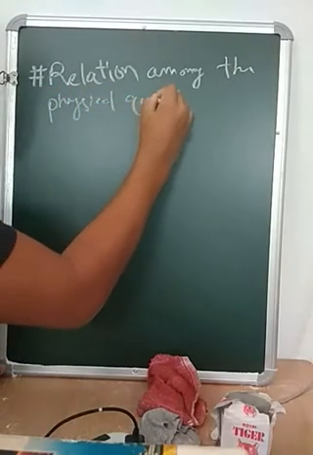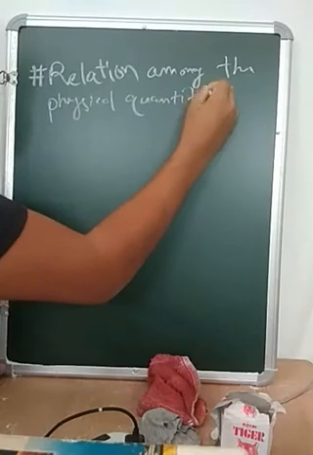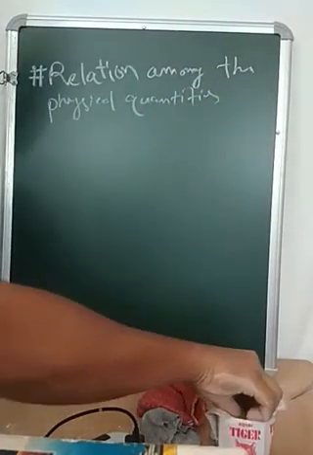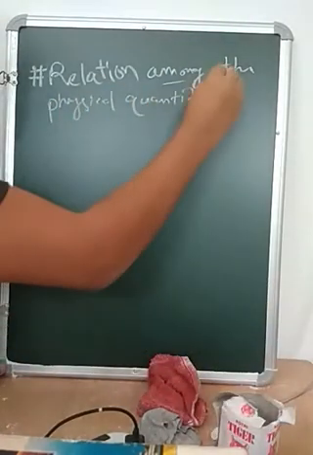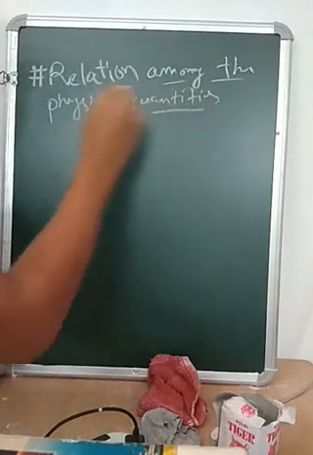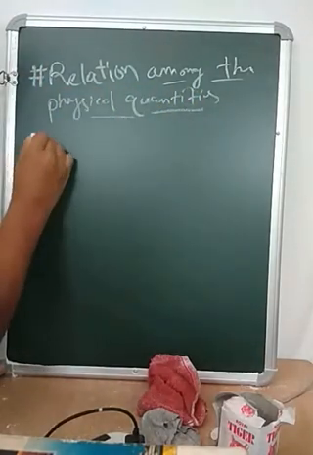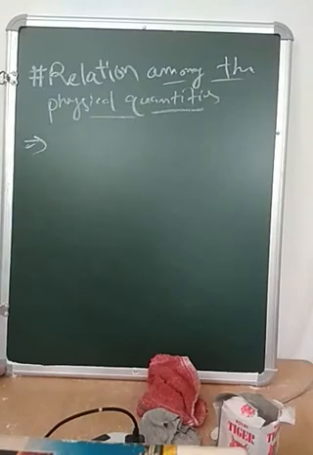From dimensional formula, we can find the relation among the physical quantities. Suppose we're taking an example, the last part.